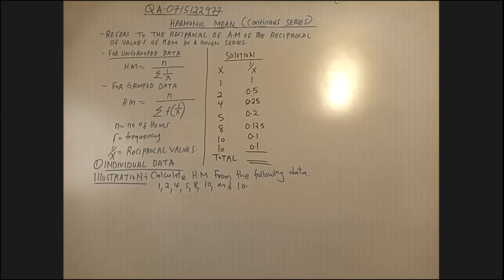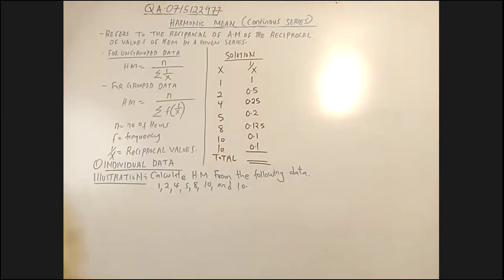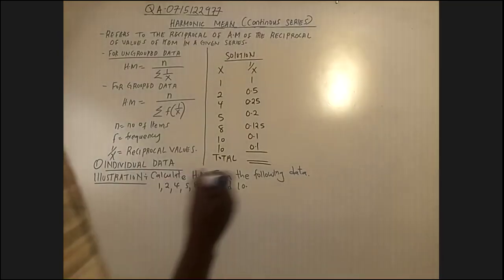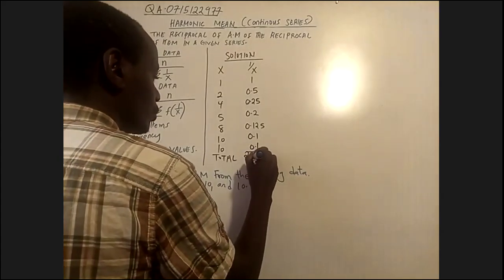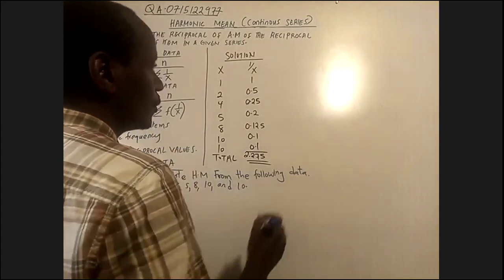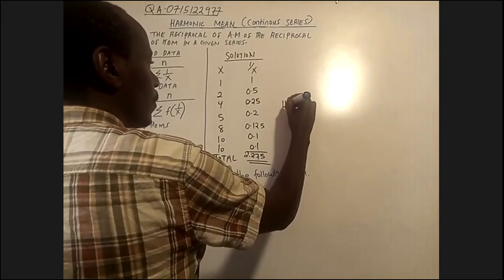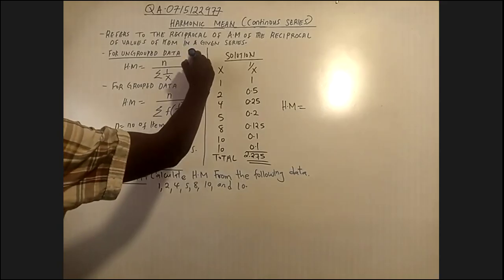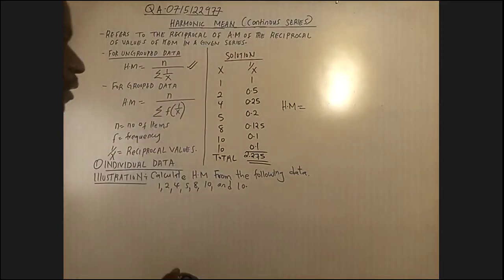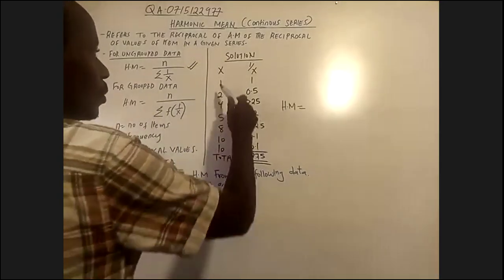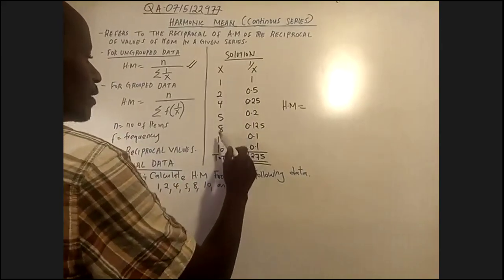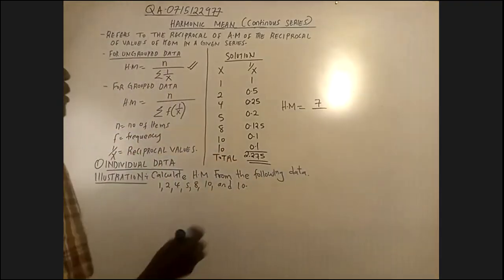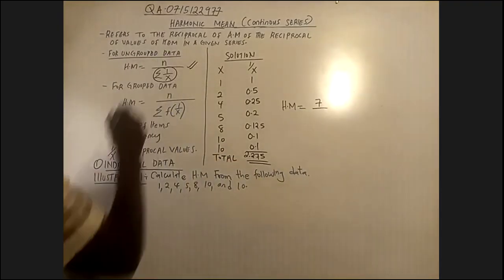2.275. Now remember our formula HM. The upper part, our n. What is n, the number of items? 1, 2, 3, 4, 5, 6, 7. So 7 divided by summation of 1 over x. What is the summation of 1 over x?